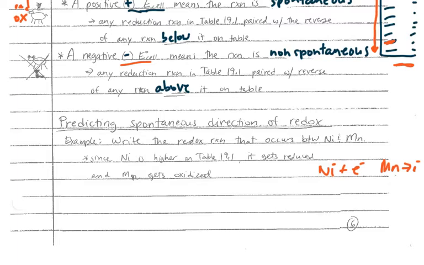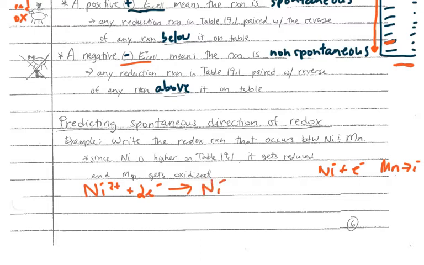So the nickel reduction reaction on this page is nickel 2+ ion plus 2 electrons reacts to form nickel solid.